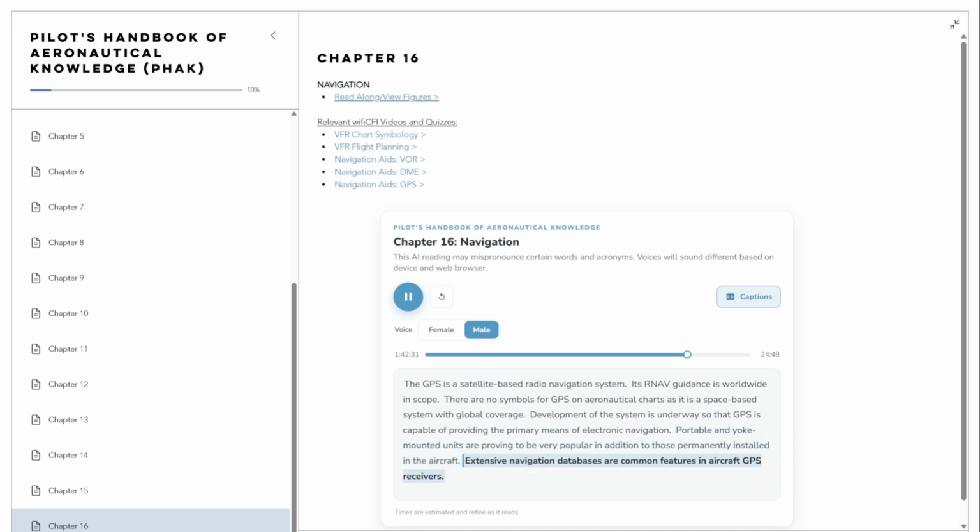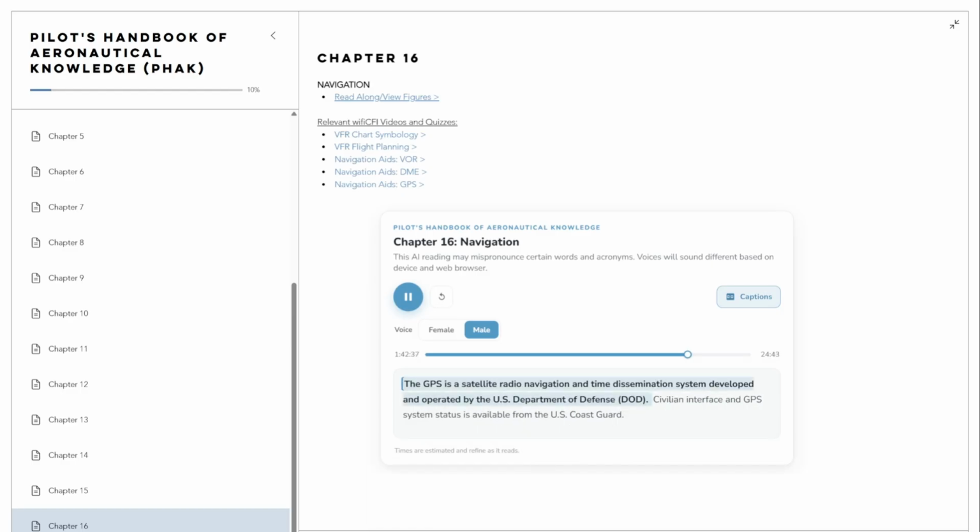Extensive navigation databases are common features in aircraft GPS receivers. The GPS is a satellite radio navigation and time dissemination system developed and operated by the U.S. Department of Defense, DoD. Civilian interface and GPS system status is available from the U.S. Coast Guard.